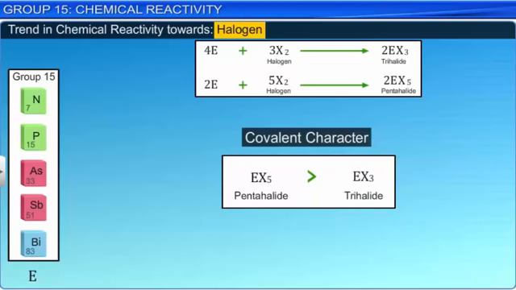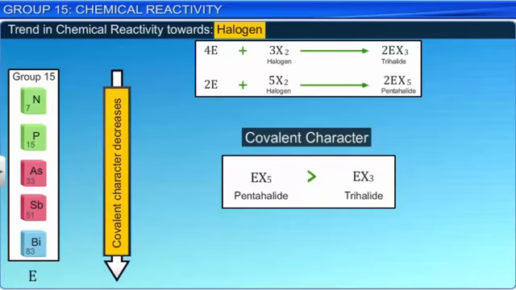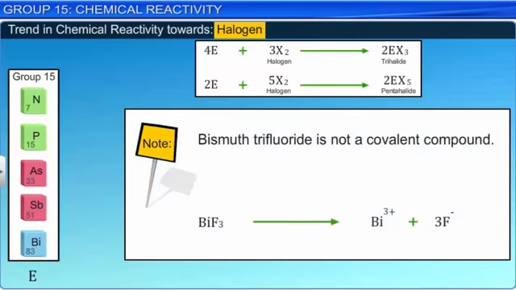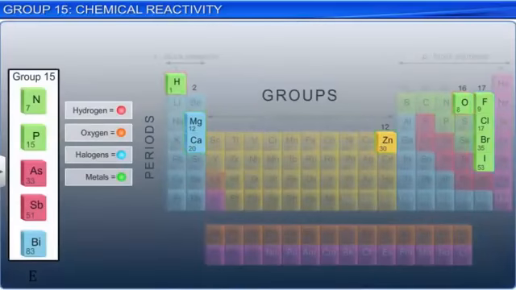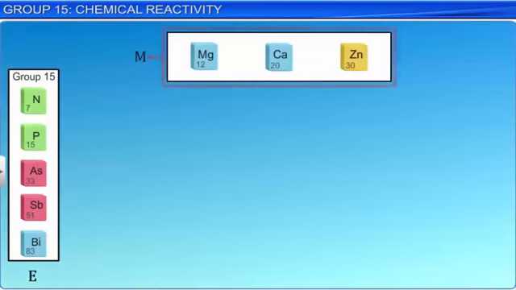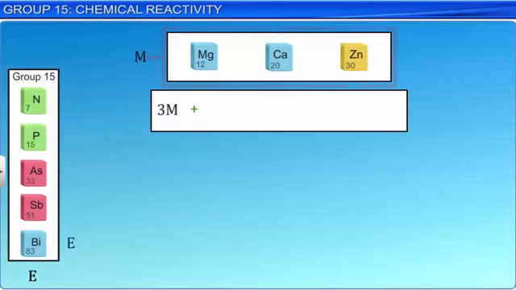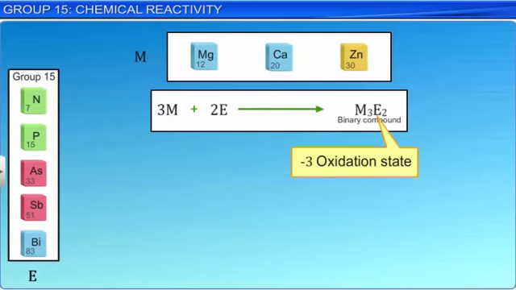Note that bismuth trifluoride is not a covalent compound. All the elements of group 15 react with metals to form their binary compounds, showing -3 oxidation state, with the general formula M3E2.